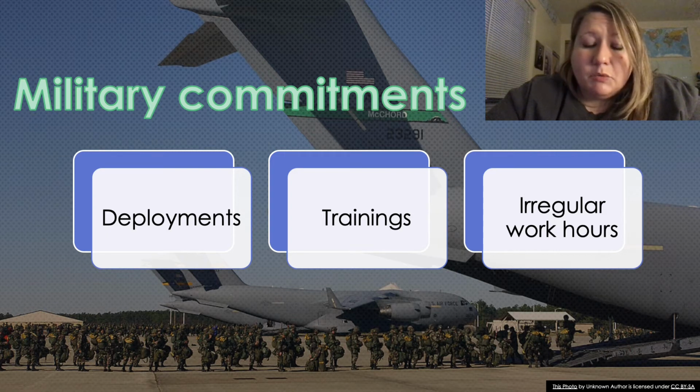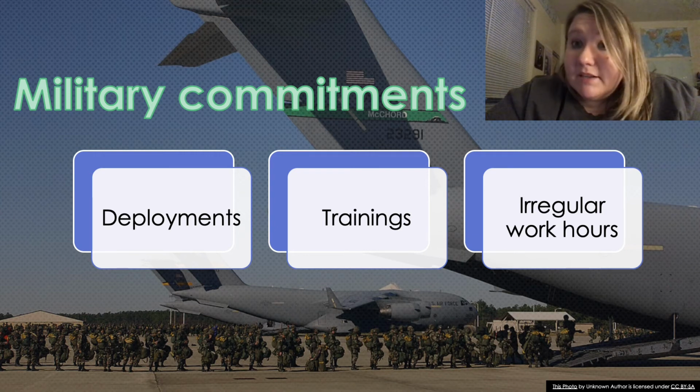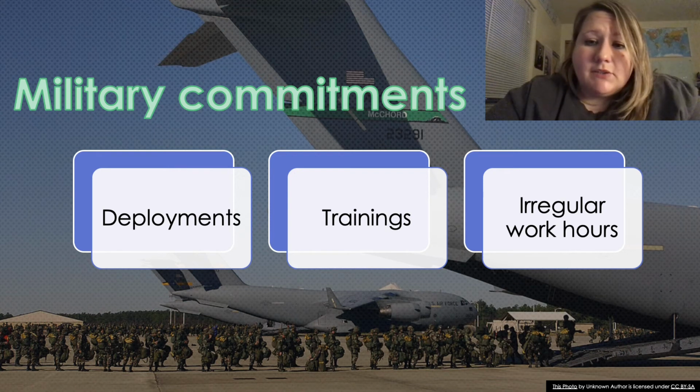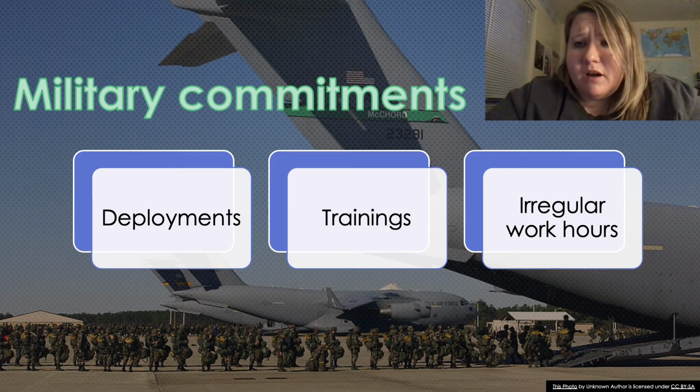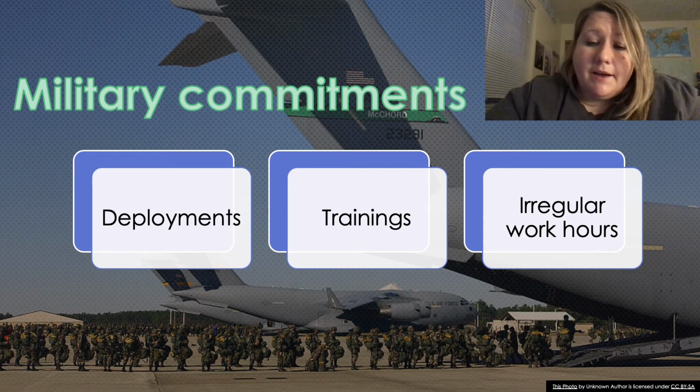Additionally, on top of just the deployments, they can be required to be sent away for training for weeks on end, months on end sometimes. There's special schooling that will have a slot open up, and then suddenly they just have to go. This is going to mostly apply to active duty service members, but can also apply to the reserve and guard members as well.